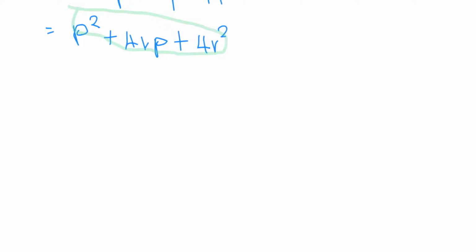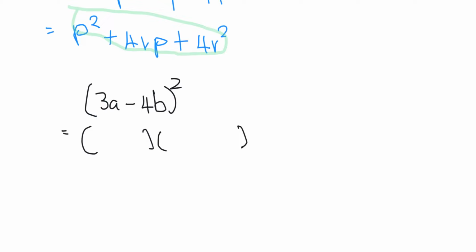So remember what was the question? The question you were having, I think it's 3a subtract 4b all squared. Yes, this was that. So we are saying now the other method is you are going to open two brackets of the same thing. So this is going to be 3a subtract 4b.